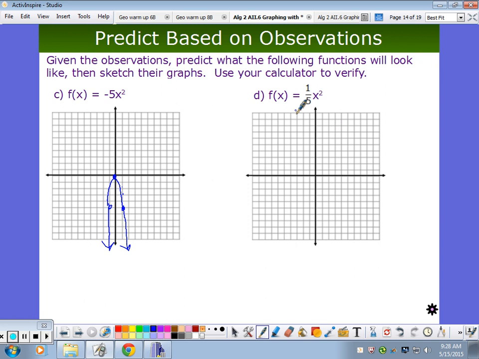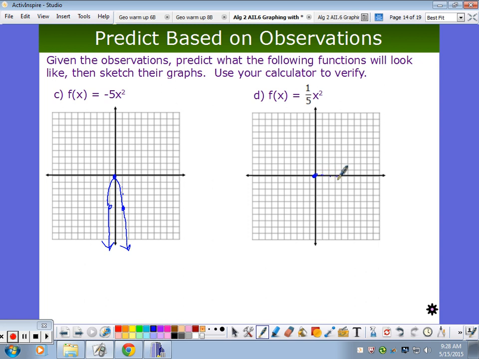What do I know is going to happen to this guy? Parent function, but compressed, right? Flattened out a bit. So I probably only need a couple of points. I'm going to start maybe at 5. 5 squared is 25, divide by 5, it's going to be 5.